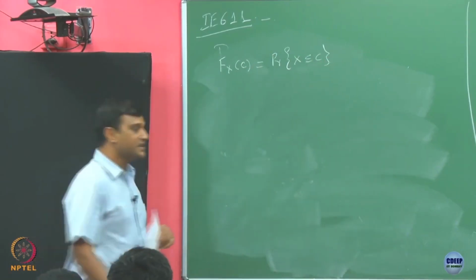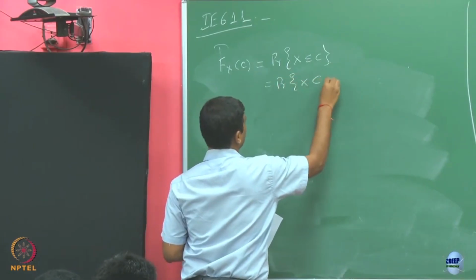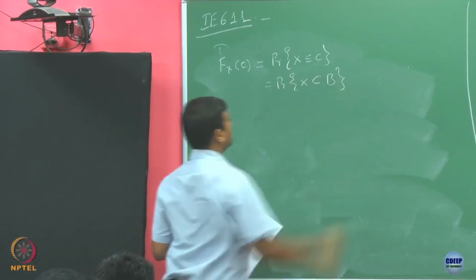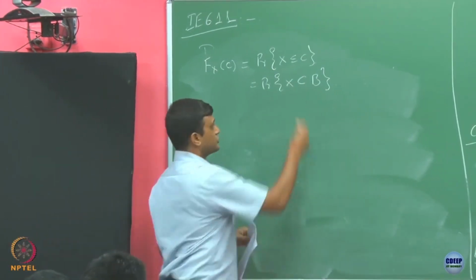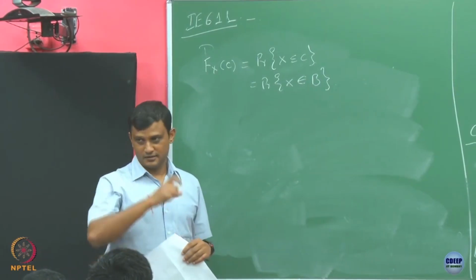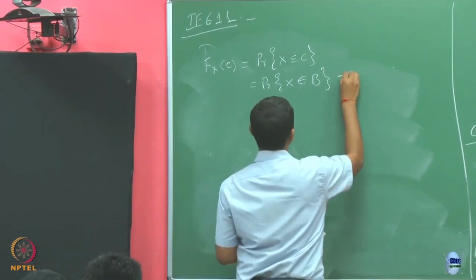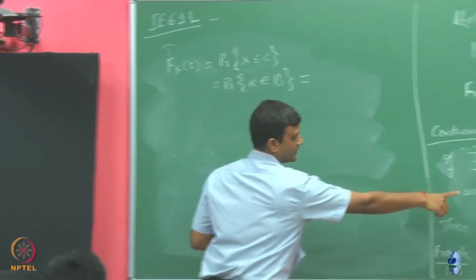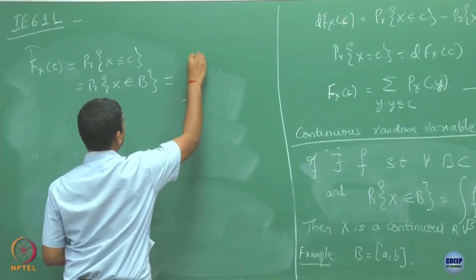Let me express this in terms of a set. If I want to express it like this, what should this be? Minus infinity to c, right? So then applying our definition here, this is minus infinity to c.